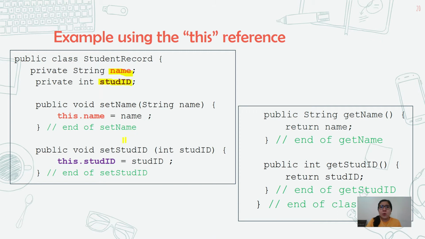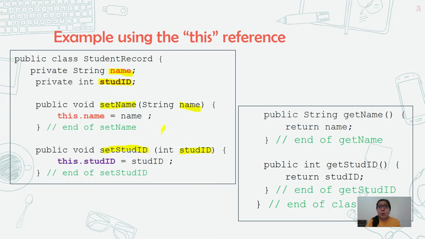If you will notice, in the setName method and in setStudID method, inside its parameters, ang na-i-declare din is same variable name such as name and studID. In our previous examples, ang ginawa natin is nag-isip tayo ng ibang variable na ilalagay dito.